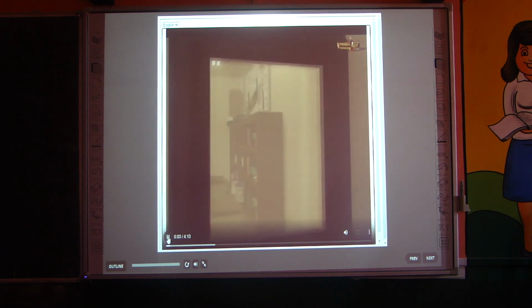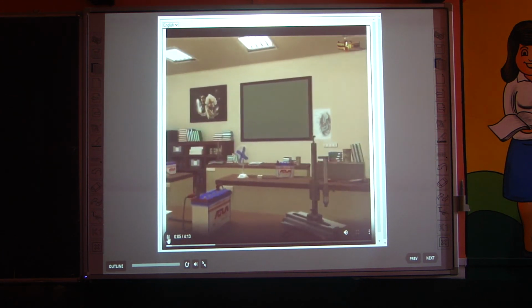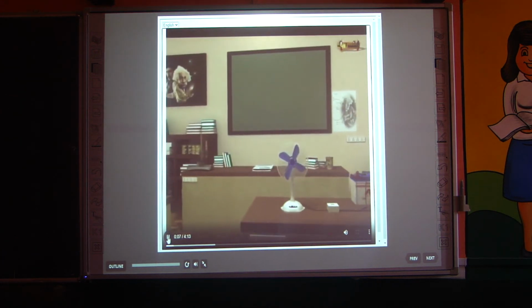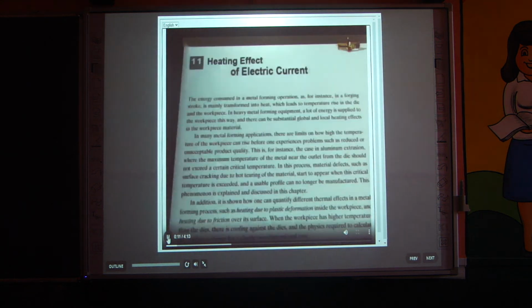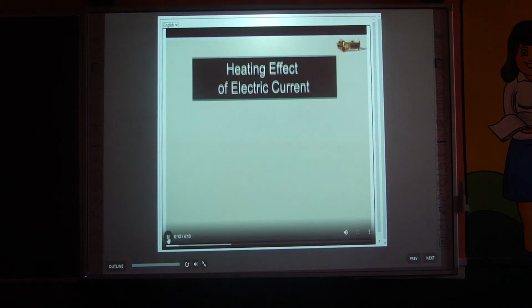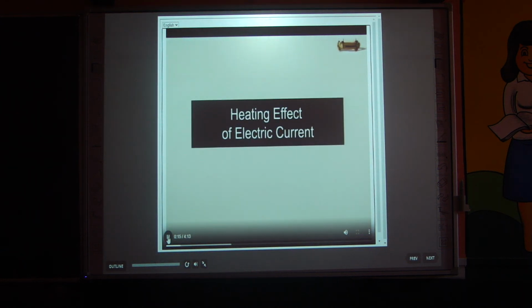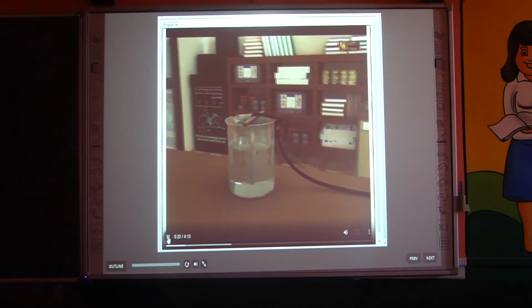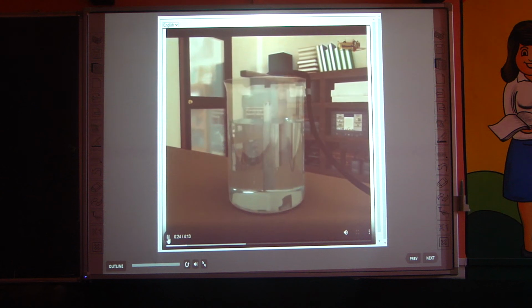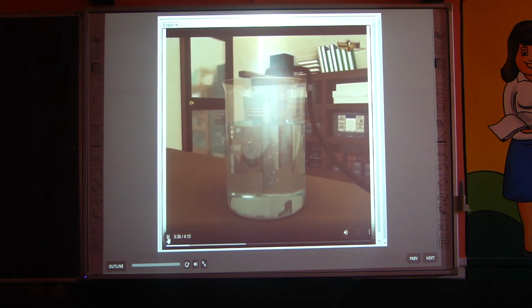We all see in our daily life the various applications of the heating effect of electric current. Let us study it. Whenever a current is passed through a conductor, it becomes hot after some time.